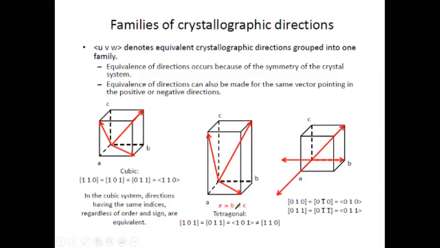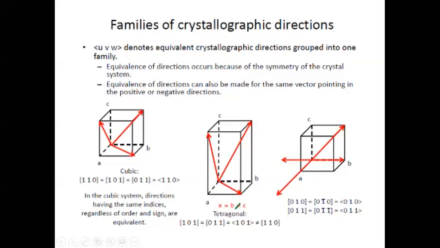And so here the 0, 1, 0 and 0, negative 1, 0 would be, in this case, the 0, 1, 0 family. And then this is an orthorhombic crystal. So A doesn't equal B, doesn't equal C. But the 0, 1, 1 and the 0, negative 1, negative 1 is the 0, 1, 1 family.